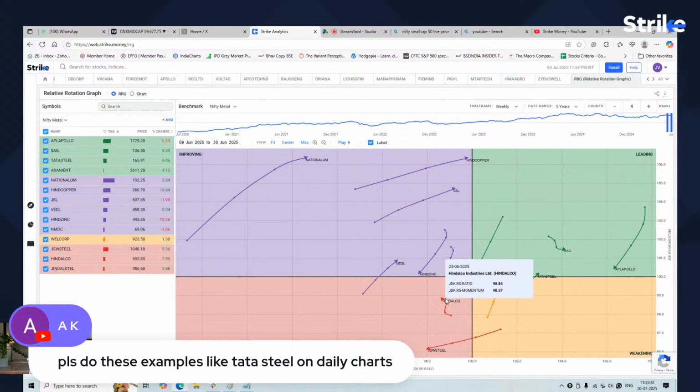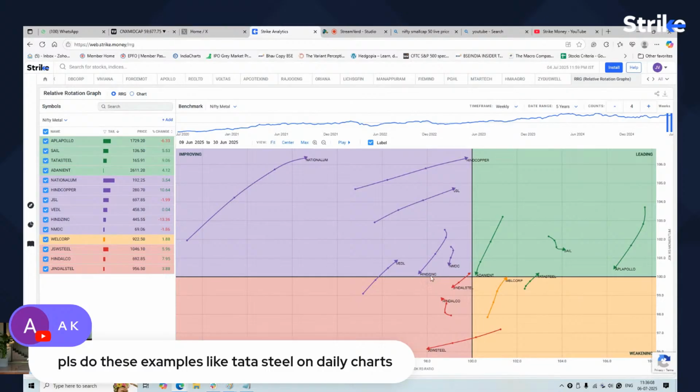Vedanta has also turned around, and you can see there is some pickup in the momentum that we are seeing in Hindalco. So Hindalco could be giving early signs of a turnaround. I'm not saying that it has turned around completely, but if we had Hind Copper and Hindalco as an option, then Hind Copper has a lot more strength. But this can be an interesting one to look at.